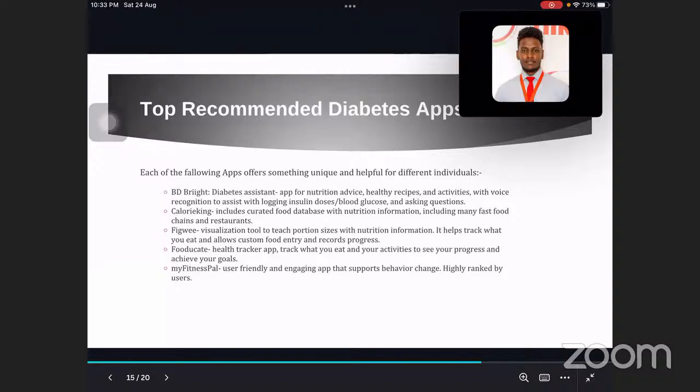Those apps should have a regulatory assessment and approval, but no country has this approval or regulatory assessment feature for mobile applications. In most countries, it's not available.